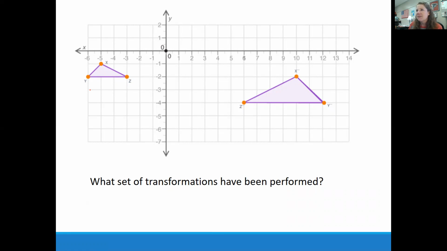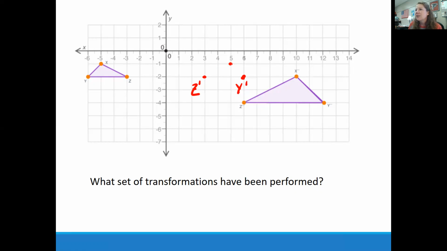Let's say I flip this figure over the y-axis. If I am 3 to the left of the line, if I reflect it, I'm going to be 3 to the right of the line. So I'm going to imagine that this is Z prime. I'm going to make sure this works. Y is 6 to the left, so I'm going to make it 6 to the right. That's Y prime. And then X is 5 to the left, I'm going to make it 5 to the right.